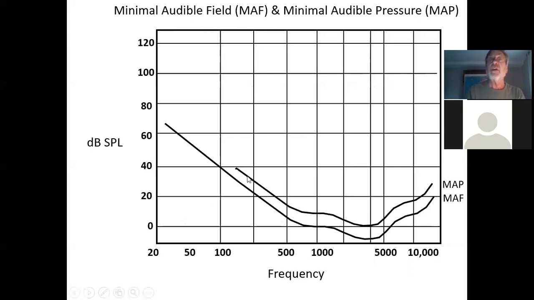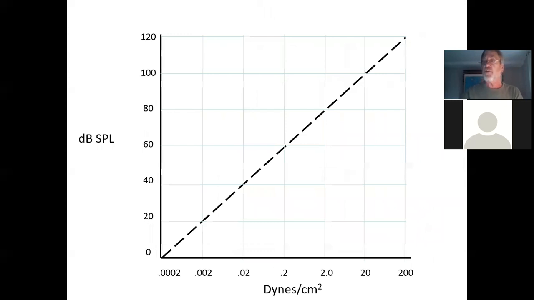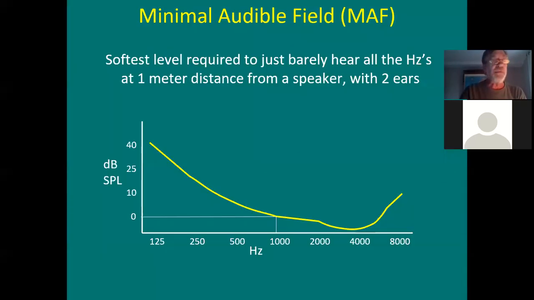Because remember, MAP is 0 dBHL. Think about 4 chapters. Remember from last week, this is chapter 1. It defines 0 dB SPL. The softest it took to hear a 1,000 hertz tone at 1 meter distance from a speaker with 2 ears. Chapter 2, same game, other frequencies.